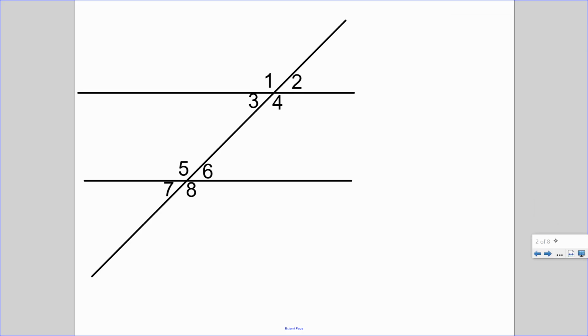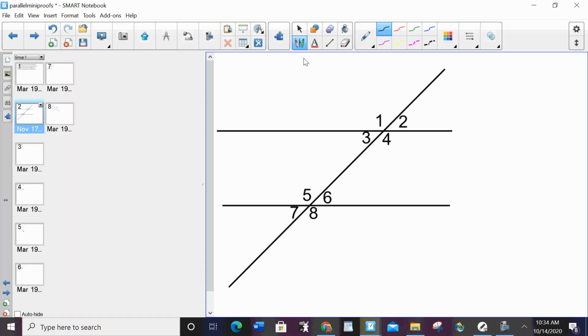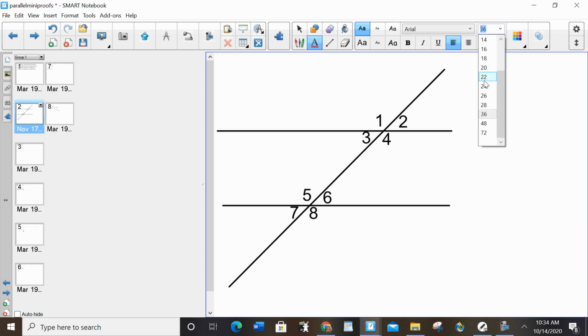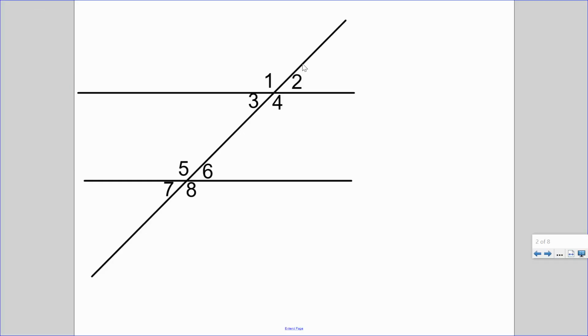Corresponding angles are angles that are in the same position.